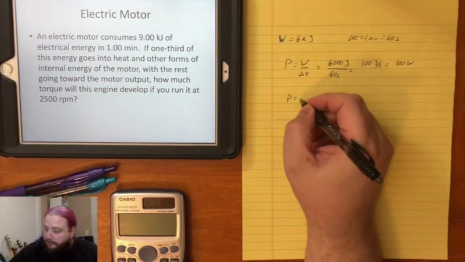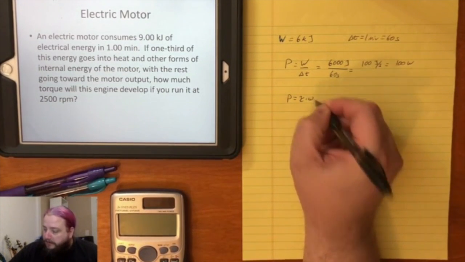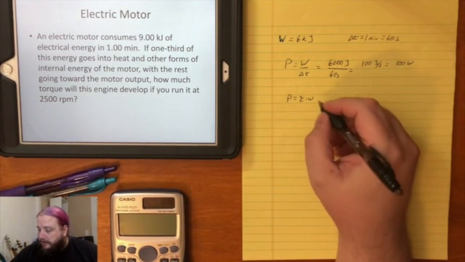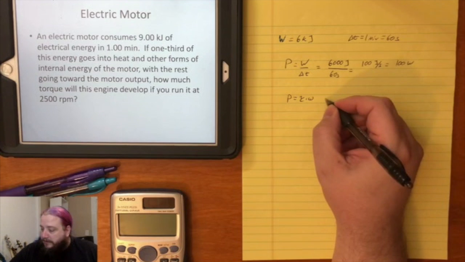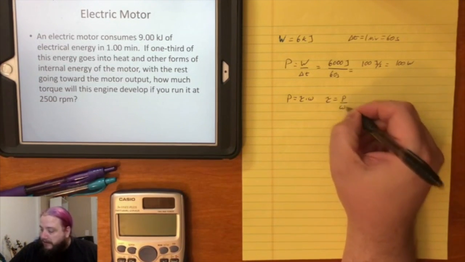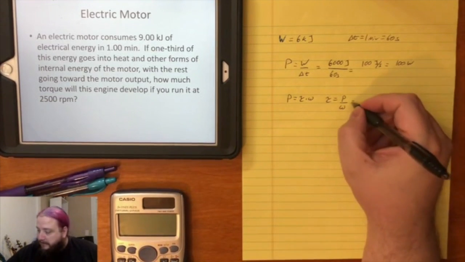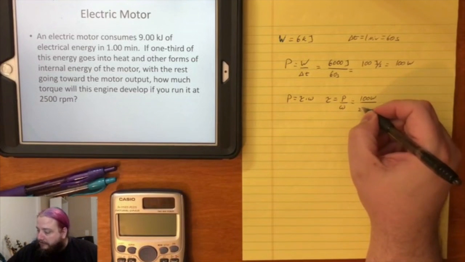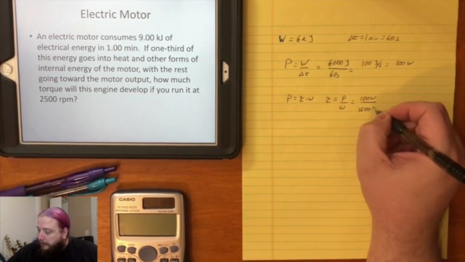And power is also torque times angular velocity, and we're looking for torque, so we can say that torque is power divided by angular velocity. So that's our 100 watts of power and our 2,500 RPMs.